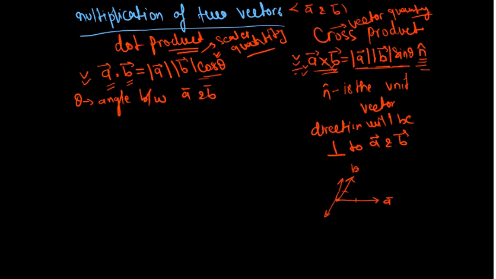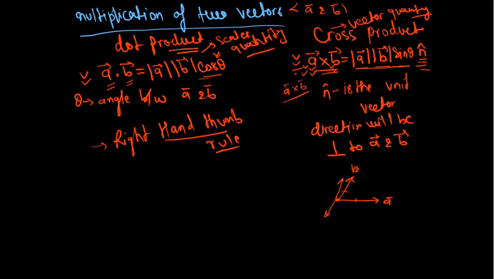For this case, the right hand thumb rule comes in. What is it actually? You take your right hand and put your fingers in the direction of the first vector. Here, for A cross B, you take A vector as the first vector.